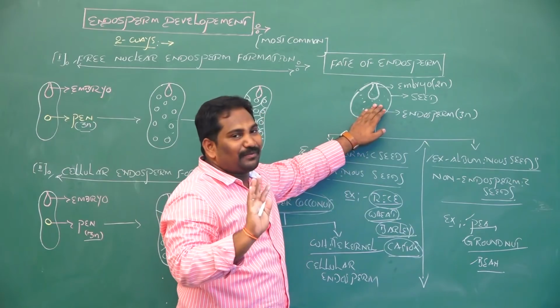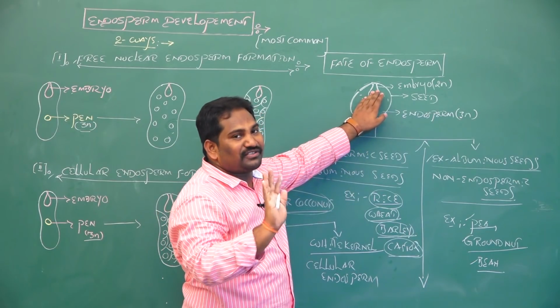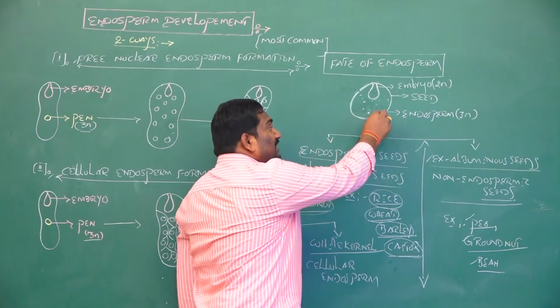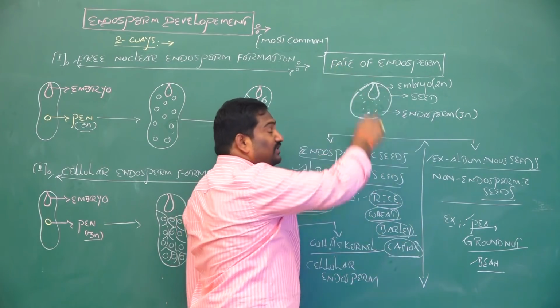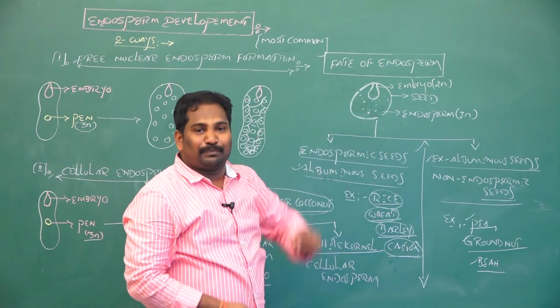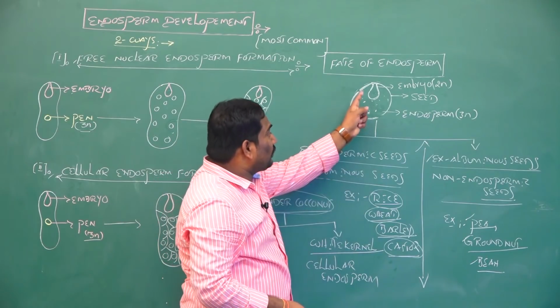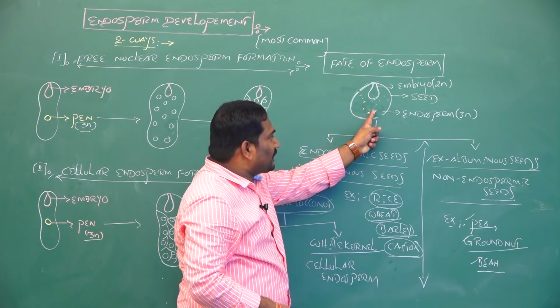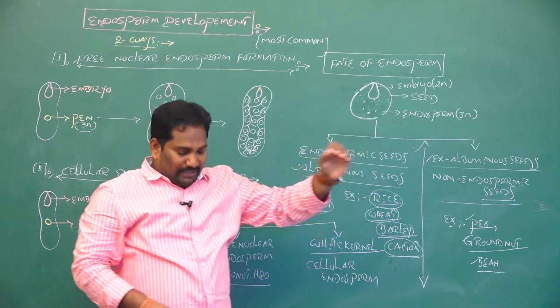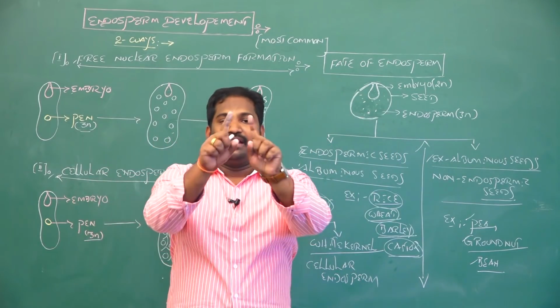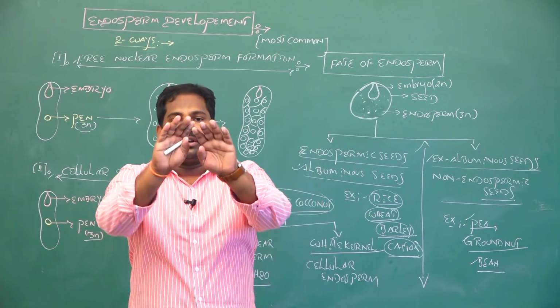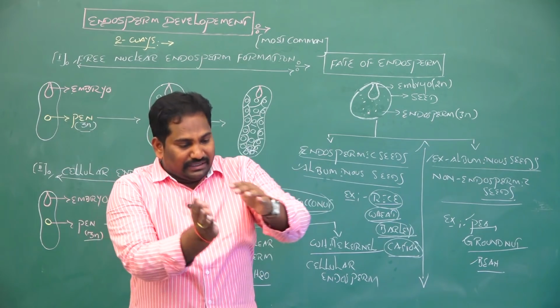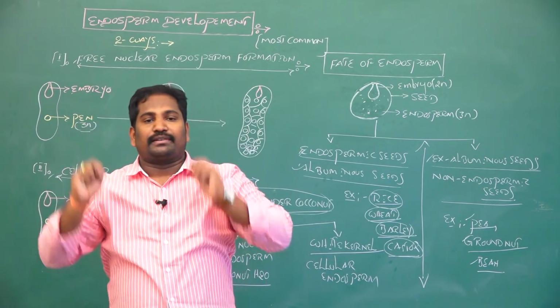Before endosperm formation, the embryo does not start to develop. That's why the growing embryo gets nourishment from the endospermic tissue. In this class, we discuss embryogenesis or embryo development in dicotyledons and monocotyledons.